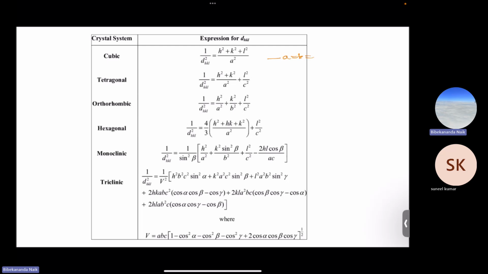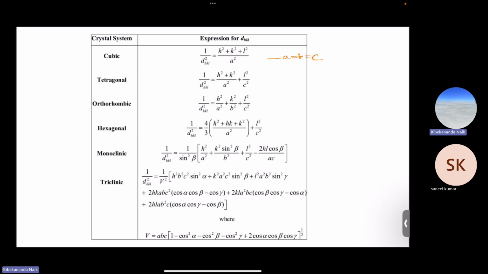If you see for cubic, a equals b equals c, so the relation is 1 by d_HKL square equals h square plus k square plus l square divided by a square. Basically, these relations are derived if you follow the lectures. We know there are relations between the direction cosines of the planes.